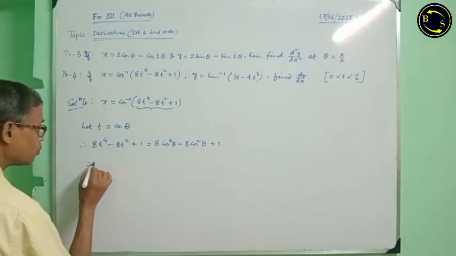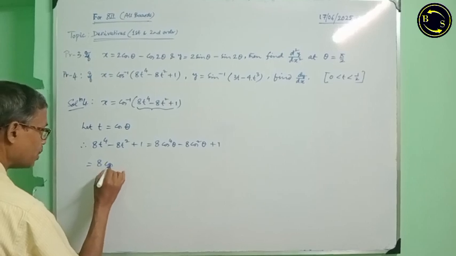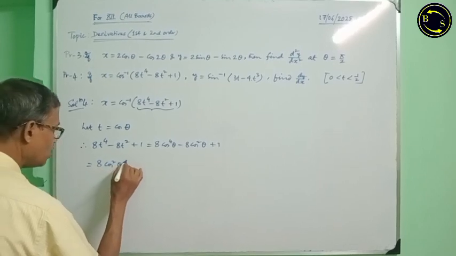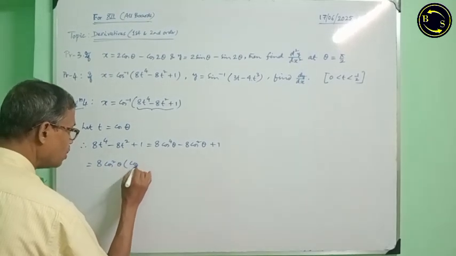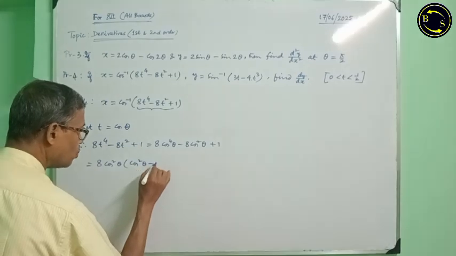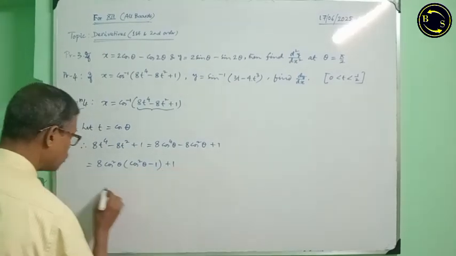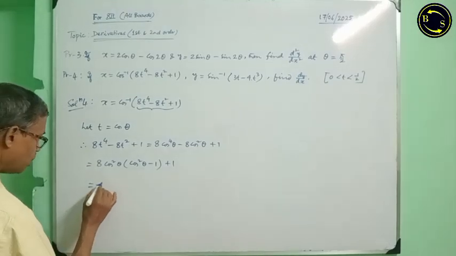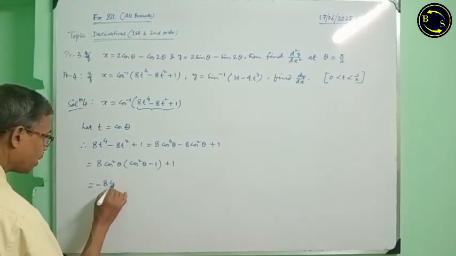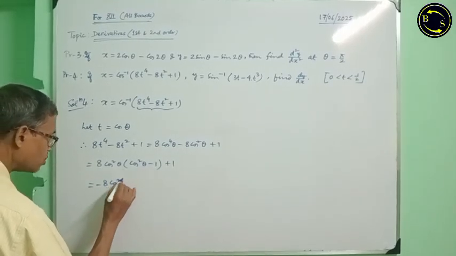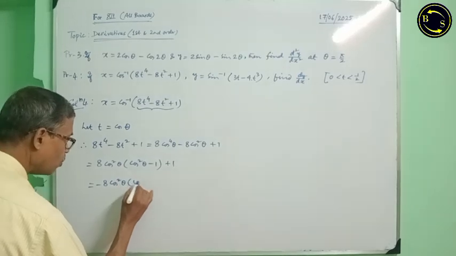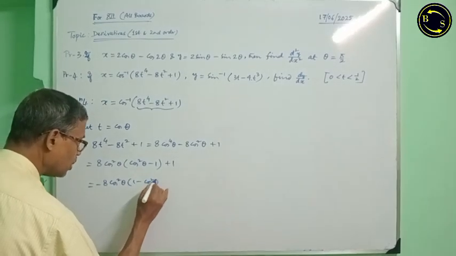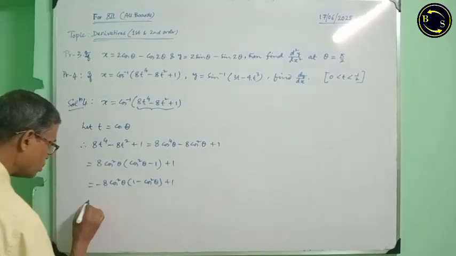From the first two, I take 8 cos square theta as common factor: cos square theta minus 1 plus 1. Now, if I take minus 1 common factor, it will be 1 minus cos square theta plus 1.